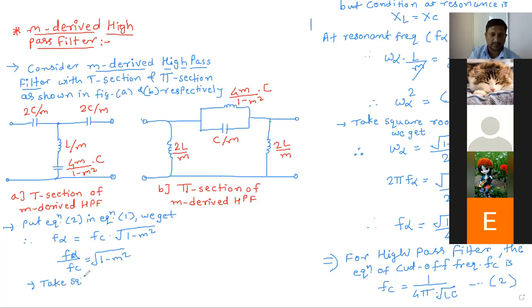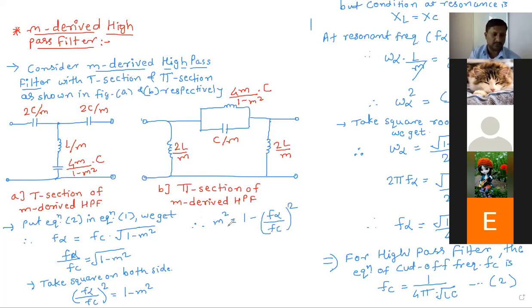Take square on both sides. So you get f alpha divided by FC, bracket square, is equal to 1 minus m square. So m square you can take on the other side, so m square is equal to 1 minus f alpha divided by FC, bracket square.